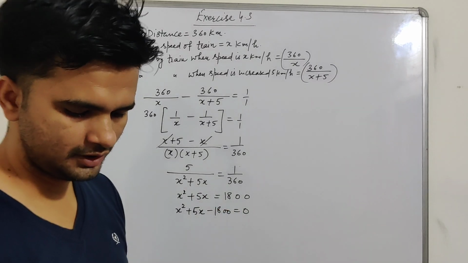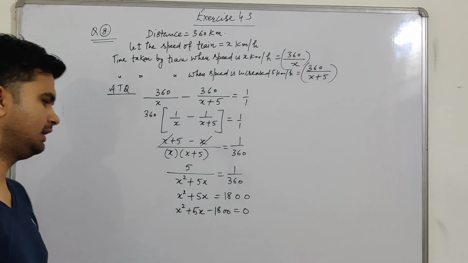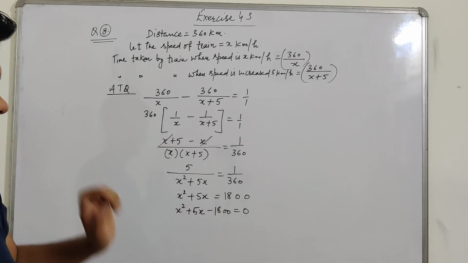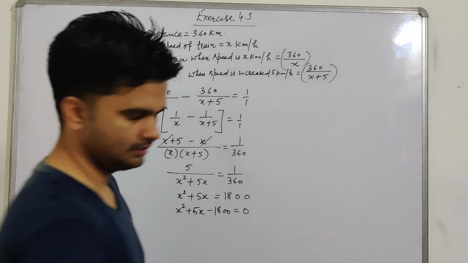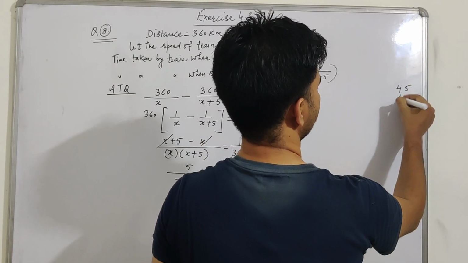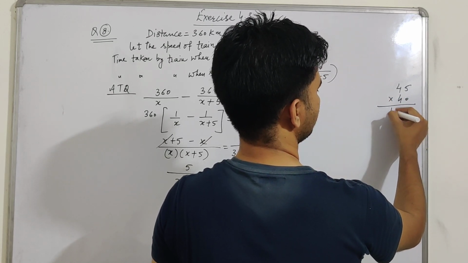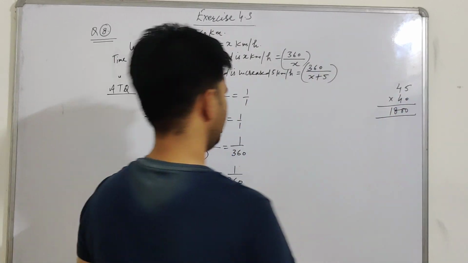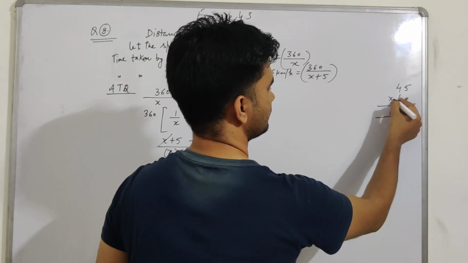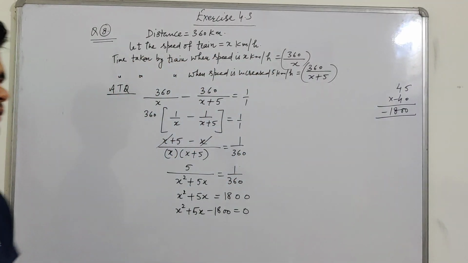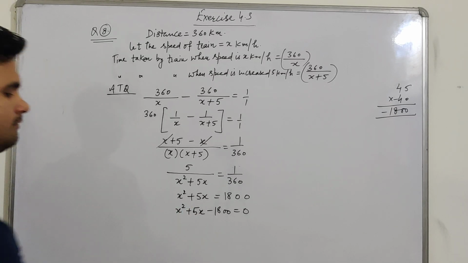Now two terms whose product is minus 1800, and after doing addition or subtraction we need 5 from those terms. See, if I multiply 45 and 40, it will become 1800, and we need negative 1800, so take 40 with a negative sign, and 45 minus 40 is equal to 5.